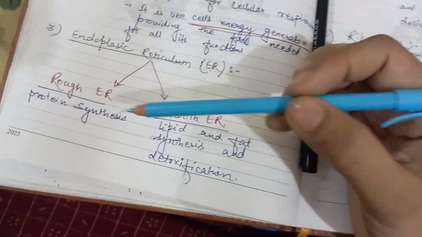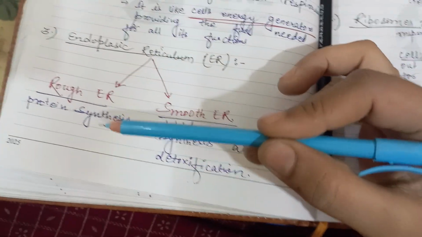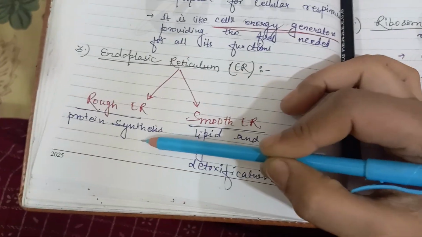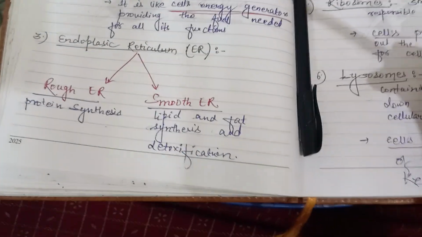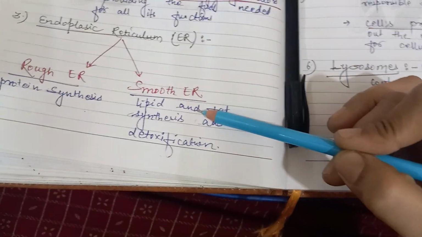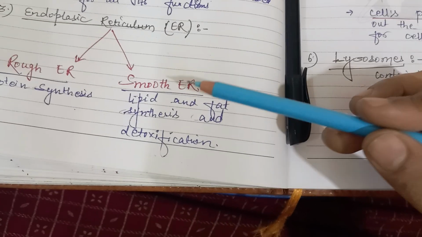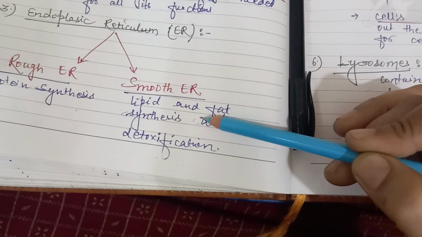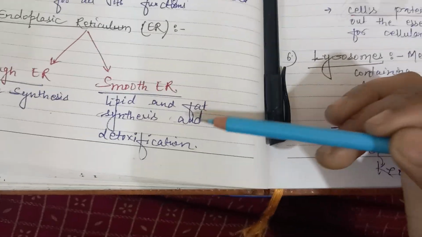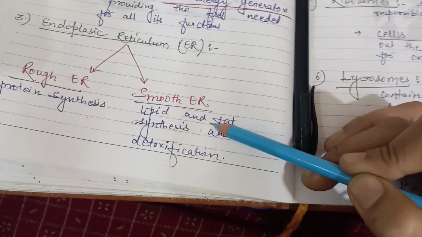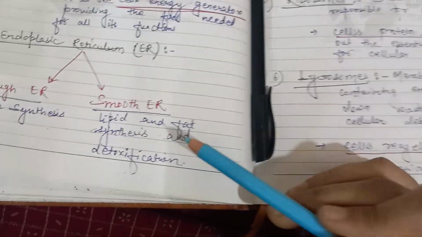In the rough endoplasmic reticulum there are ribosomes, and ribosomes, as we know, are responsible for protein synthesis. In the smooth endoplasmic reticulum there are no ribosomes, and it is responsible for the synthesis of lipids and fat, and also for the detoxification of the cell.